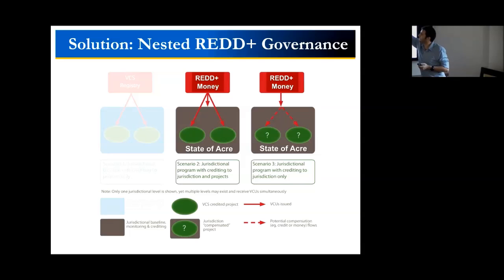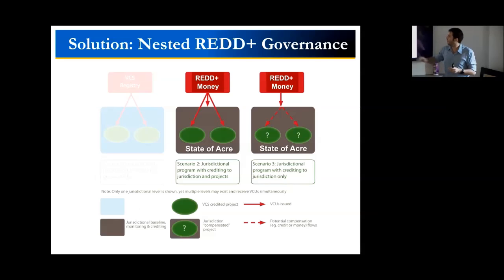So you have REDD money coming. This REDD money can be allocated to the projects themselves. Some will be directly allocated to the projects based on the area of those projects, and the rest will be allocated to the state of Acre. This is a little confusing, but this is the main idea.